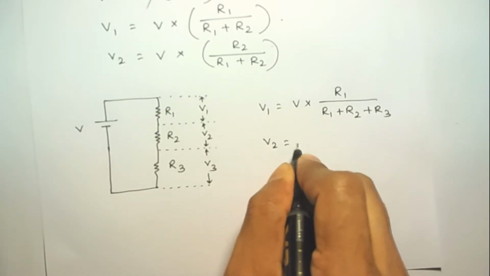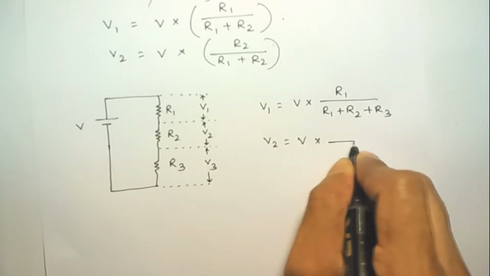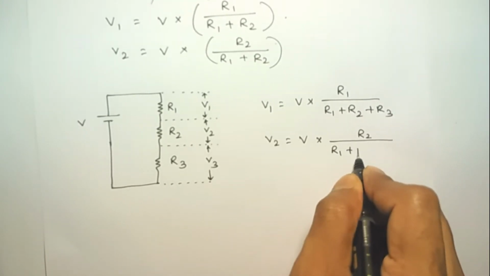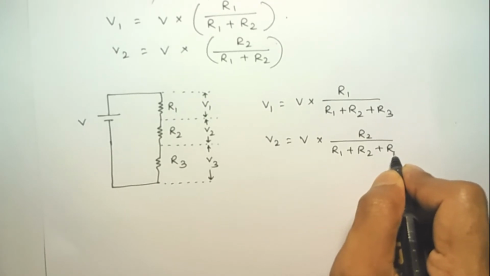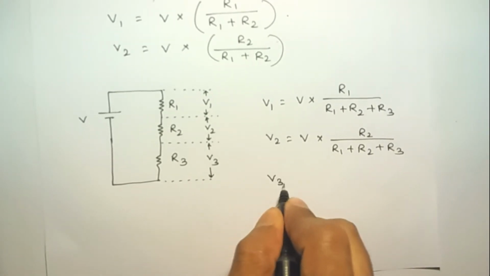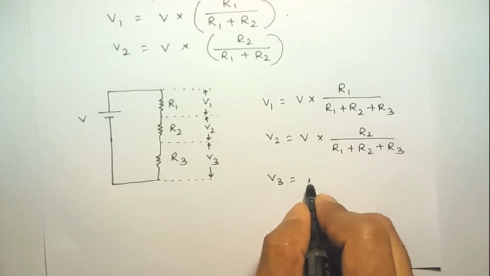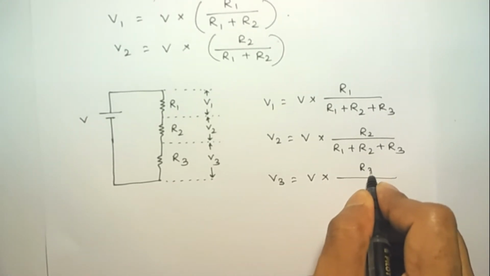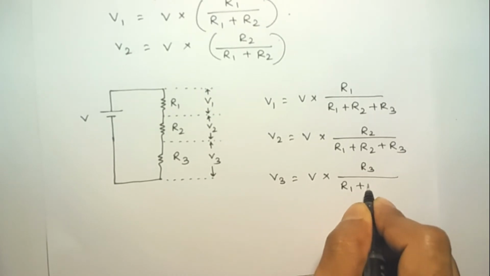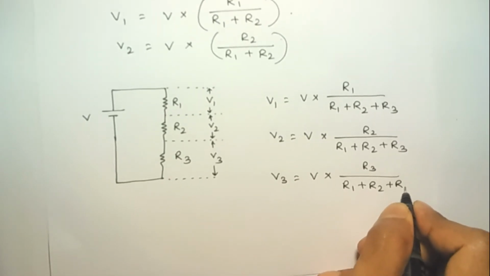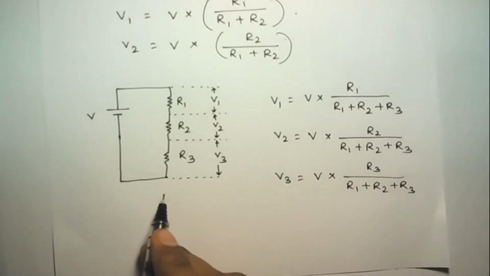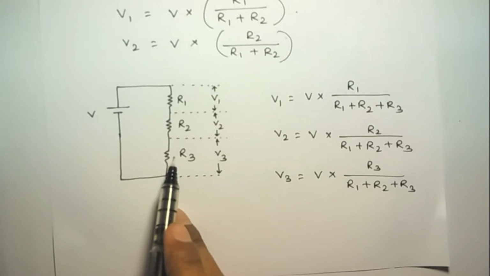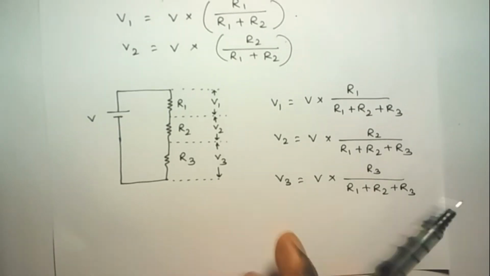Similarly, V2 equals V multiplied by R2 divided by R1 plus R2 plus R3, and V3 equals V into R3 divided by R1 plus R2 plus R3. Thus, we can increase the number of resistances and we can calculate the voltage across any particular resistance.